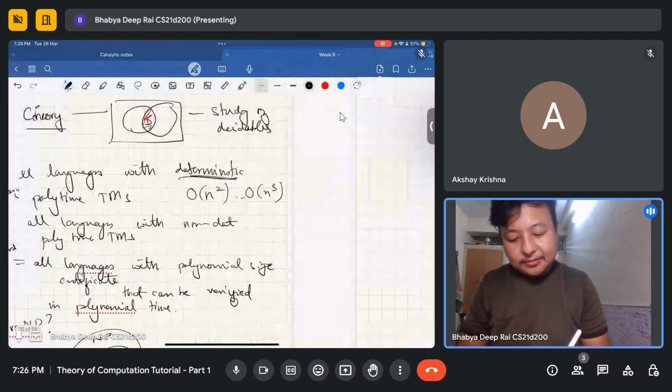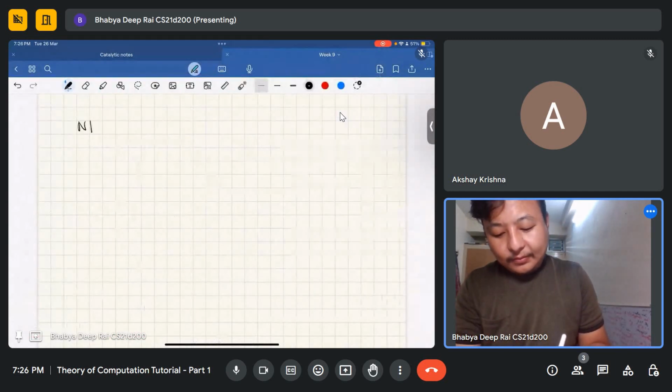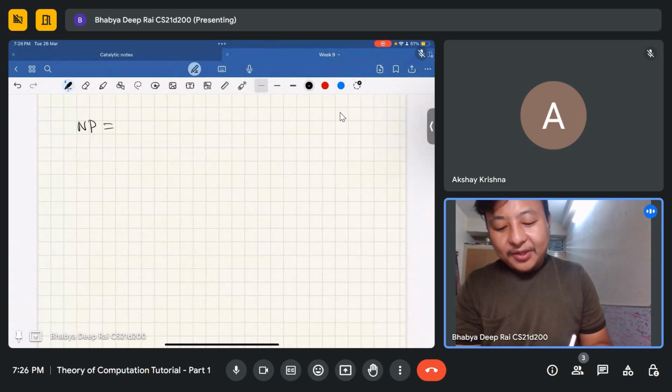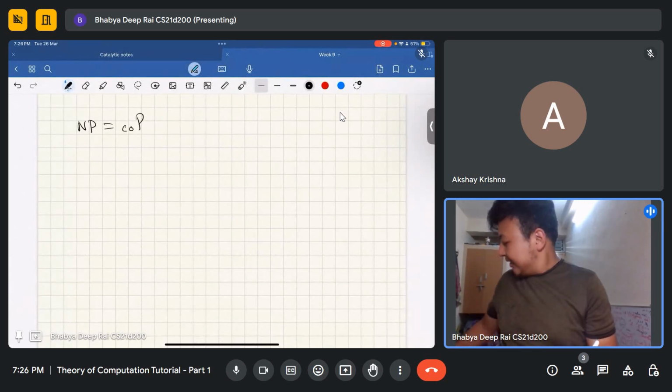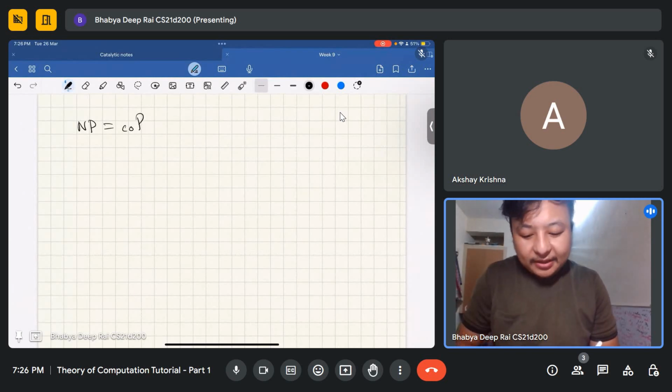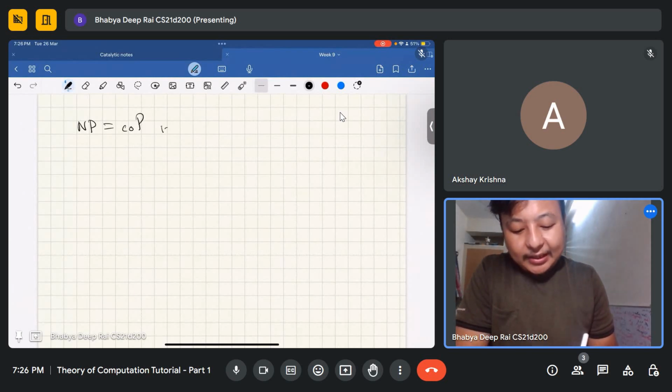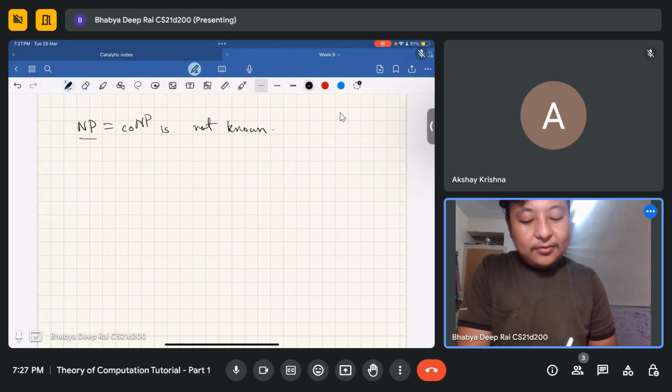Just a small remark. Similarly define NP and co-NP. Whether NP and co-NP are the same is not known.